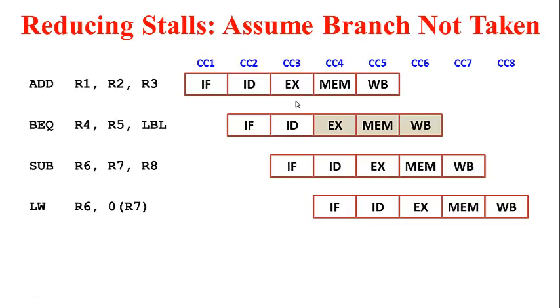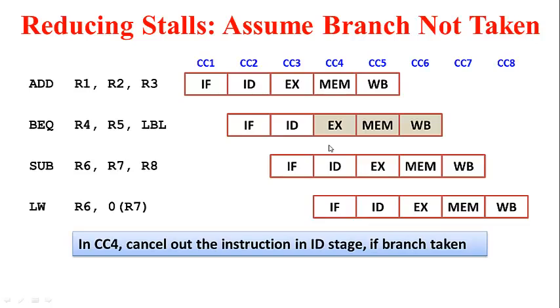Now suppose the assumption of branch not taken were wrong, that is, the branch were actually taken. In clock cycle number 4, suppose we know that the branch were to be taken, what do we do? We have to cancel out the instruction which is currently in the ID stage. That is, this subtract instruction would have to be cancelled out. Note that the instruction which is in the IF stage in clock cycle number 4 would be the correct one to execute next.